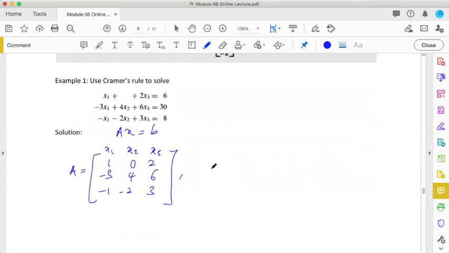For the matrix AX1, we take the column of coefficients of x1, column 1, and replace it with B. So we have this matrix.